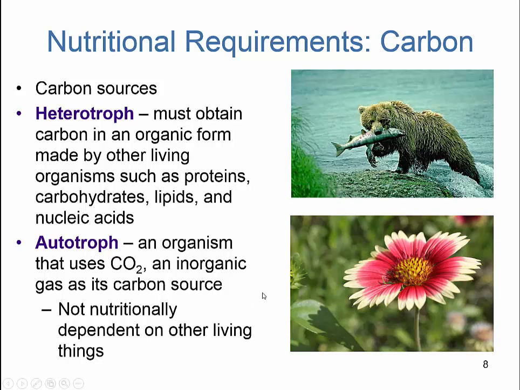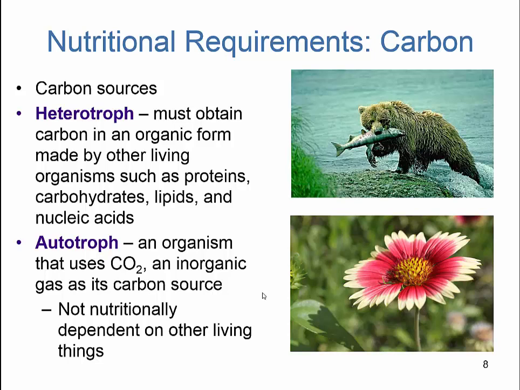So the nutritional requirements of microbes rely on either a carbon source or an energy source. So we're first going to begin discussing the carbon sources. Organisms that are considered heterotrophs must digest organic molecules such as proteins, carbohydrates, lipids, and nucleic acids to obtain carbon.